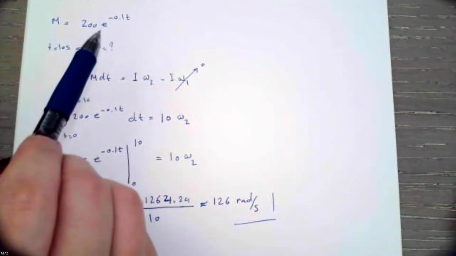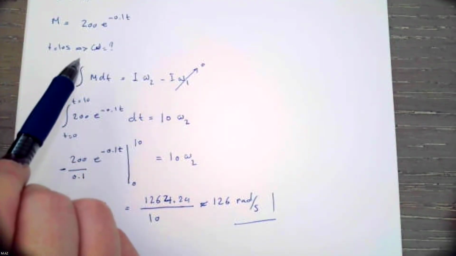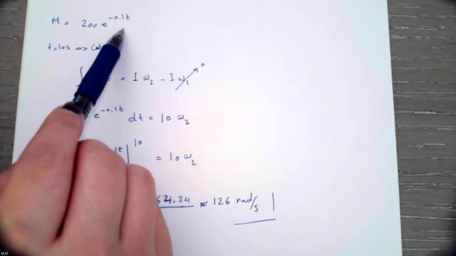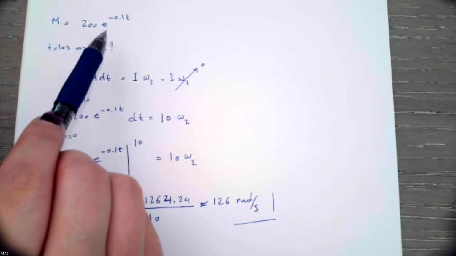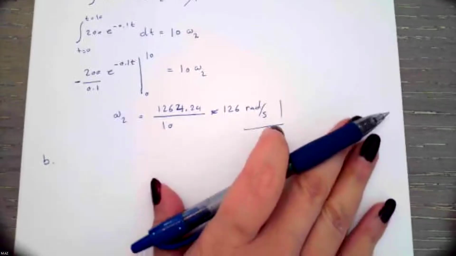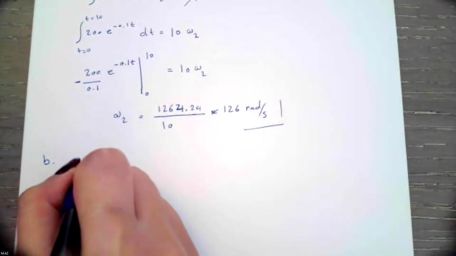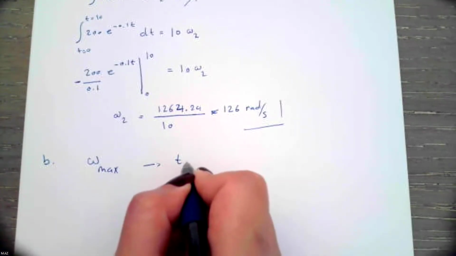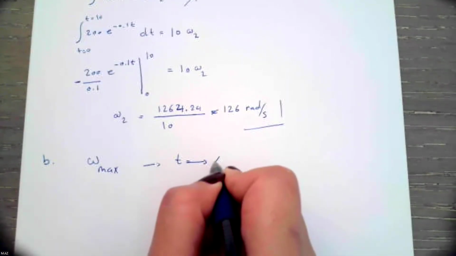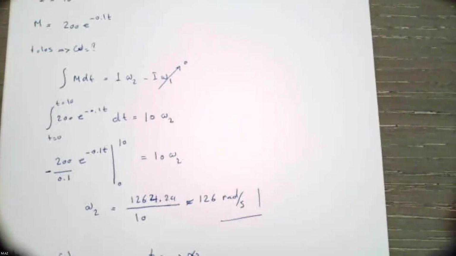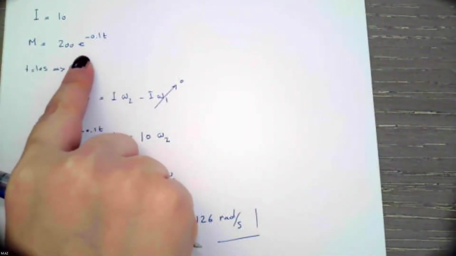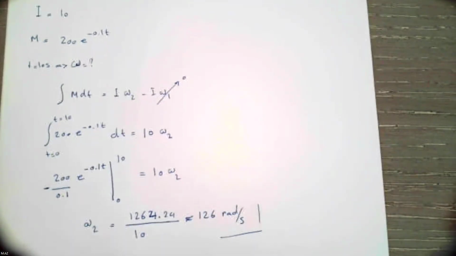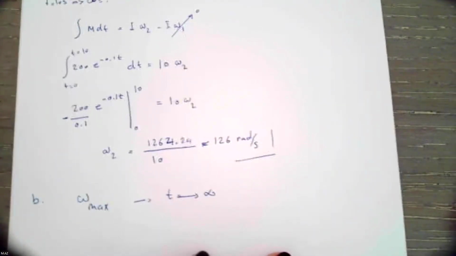For this reason, the greatest or maximum value occurs when t approaches infinity. So for finding the maximum angular velocity, the time should approach infinity, because this is a monotone function, and by increasing the time, the value of omega will increase.